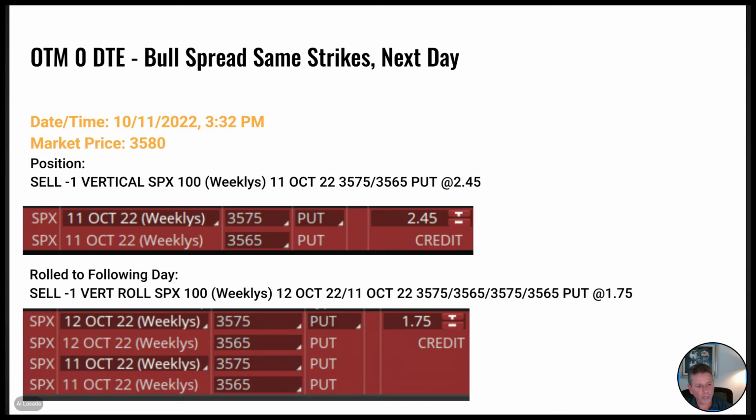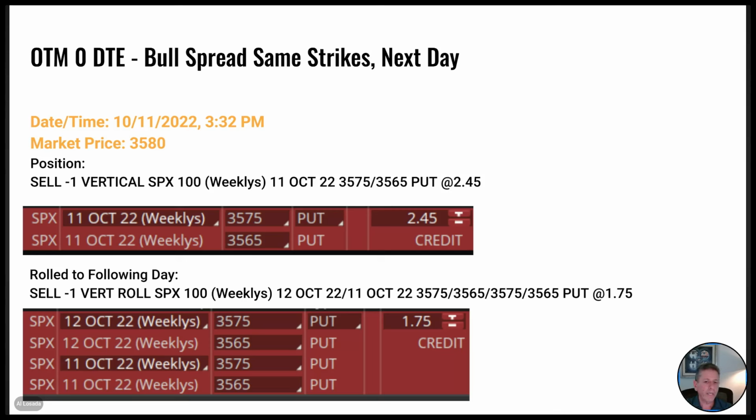Now what you want to do at this time is roll that trade, and there are different ways to do it. In this case, we left the strikes at the same place. We're moving this position from 12/22 to 11, so 1 day.